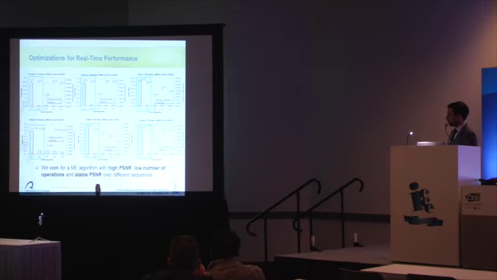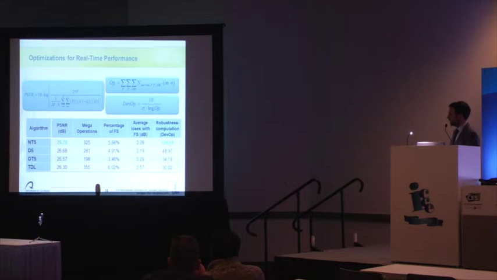So we prepared a figure of merit which considered the robustness of the computation. This means the number of operations and the variance in the number of operations depending on the frames. And we got the best results in quality and its robustness computation for the new 3 steps algorithm.